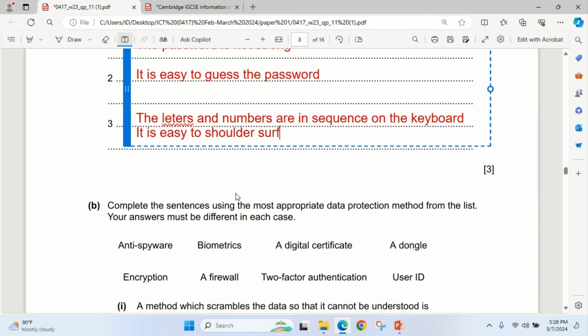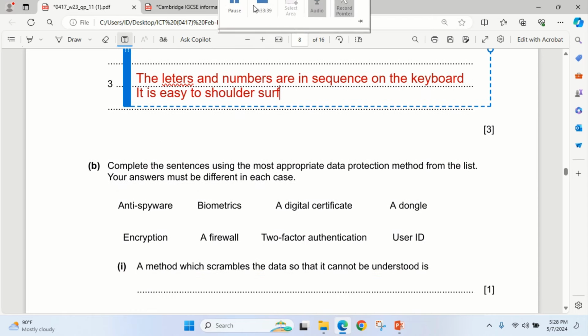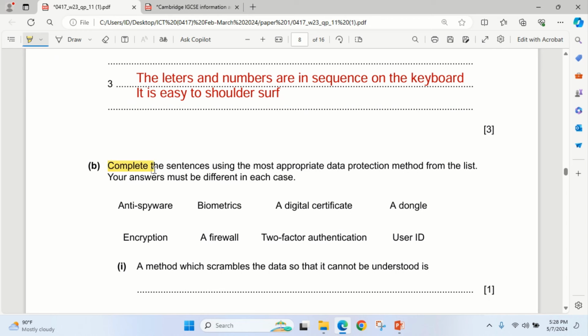Now let's go to 7b of this question. It says complete the sentences using the most appropriate data protection method from the list. Your answers must be different in each case. You have all these: anti-spyware, biometrics, a digital certificate, a dongle, encryption, a firewall, two-factor authentication, user ID.